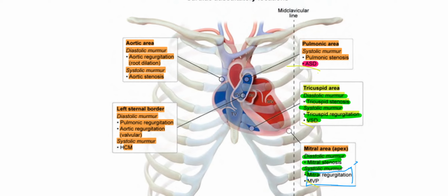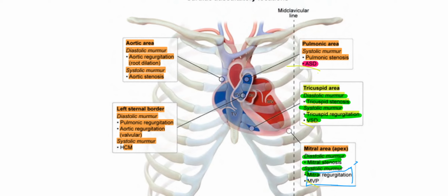So the aortic regurgitation of valvular type will produce diastolic murmur in the third intercostal space on the left side, but the aortic regurgitation from root dilation will produce the same diastolic murmur, but it will be best heard in the second intercostal space on the right side of the sternum. So this is the difference. You shouldn't miss that. Okay.